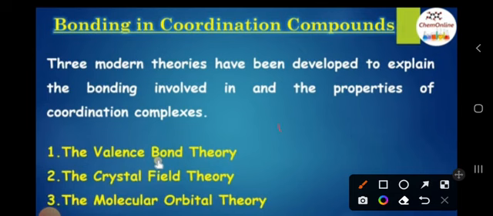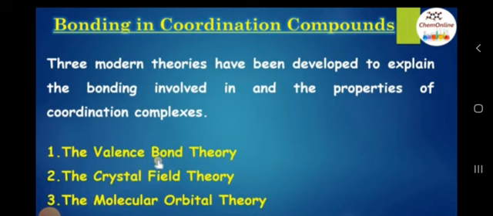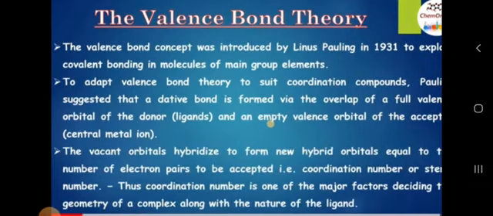There are four theories: valence bond, crystal field, molecular orbital theory and also ligand metal theory. These four theories explain and develop the bonding in coordination complexes. Now let us see valence bond theory.